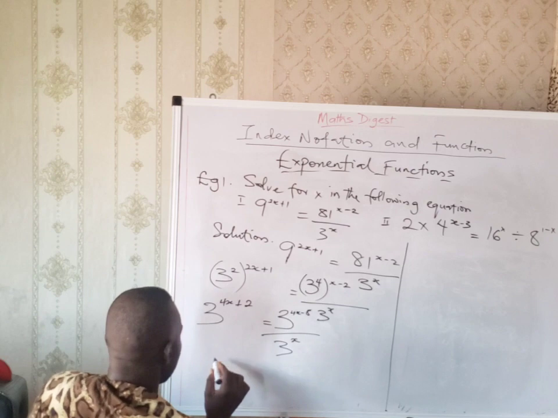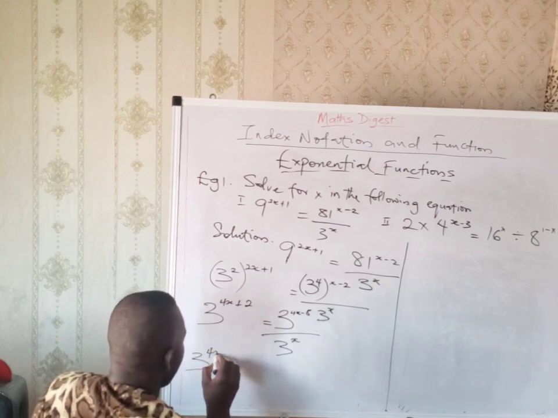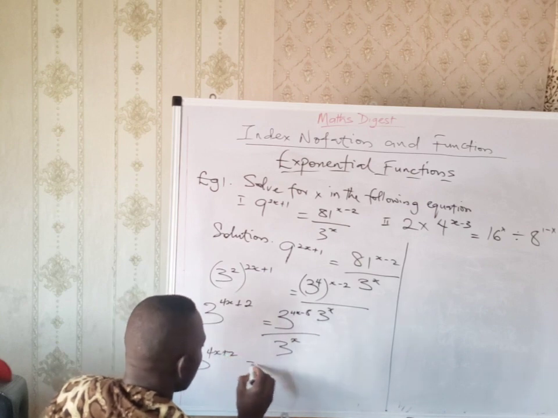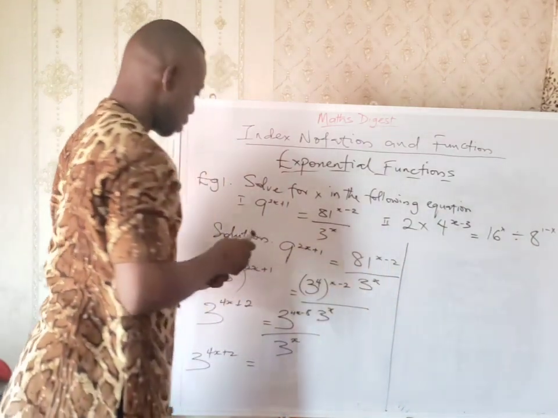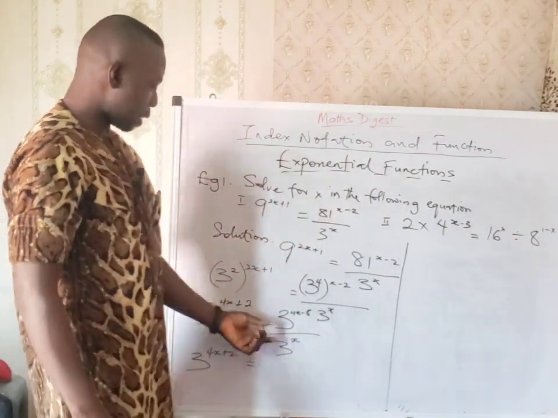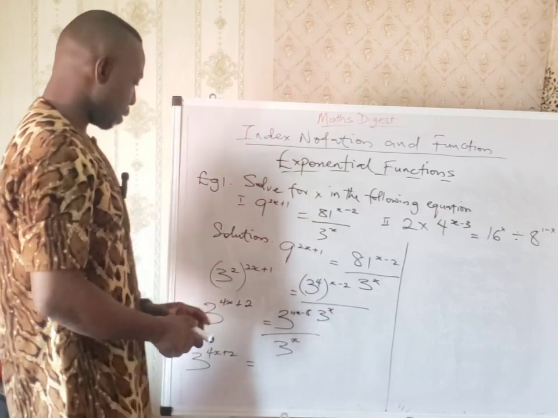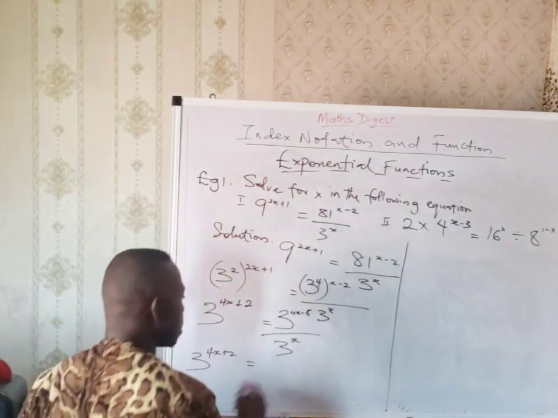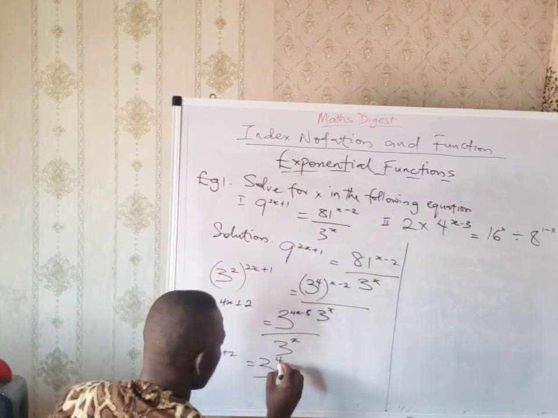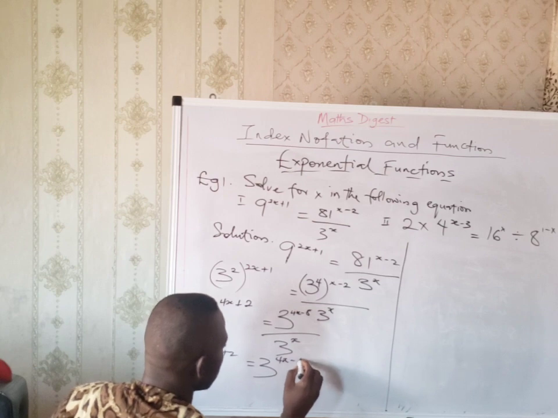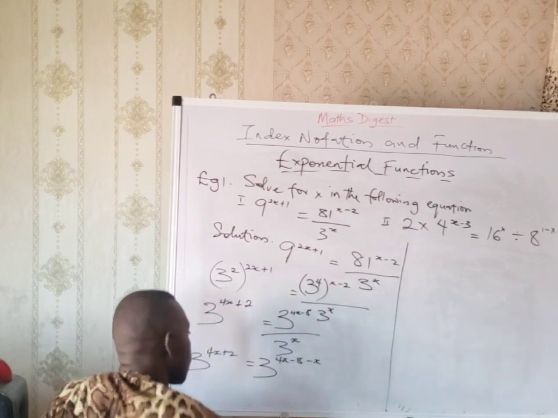Now from here we can say 3 raised to power 4x plus 2 equal to, remember when you are dealing with division rule, it says that you can take the divisor and subtract it from the dividend. So from here, since these are common, we can say 3 raised to power 4x minus 8, and this going up now will be minus x.